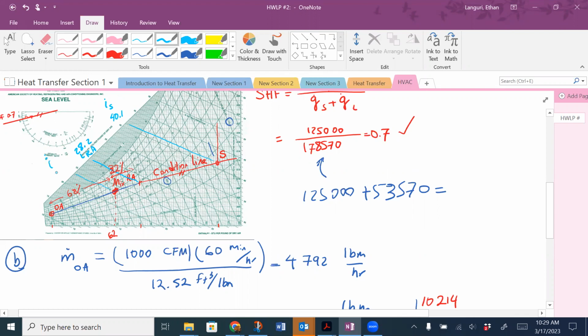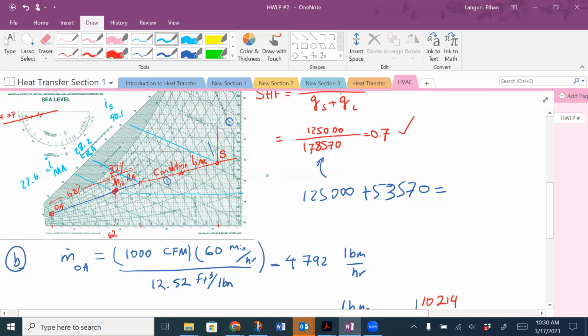Enthalpy of mixed air, let's call it MA, I show it on this left side, which is equal to around 22.6. How about the humidity ratio? I just go constantly to the right.